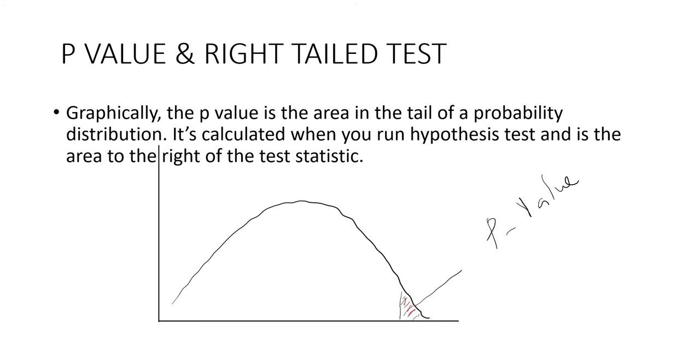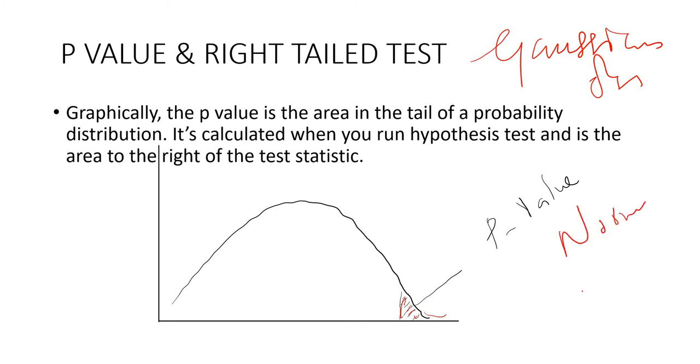Here you can see graphically that the p-value is the area in the tail of a probability distribution. This is the tail. This is a Gaussian distribution, right? We also call it the normal distribution or bell curve, all are the same. In this area we have the outliers, right?